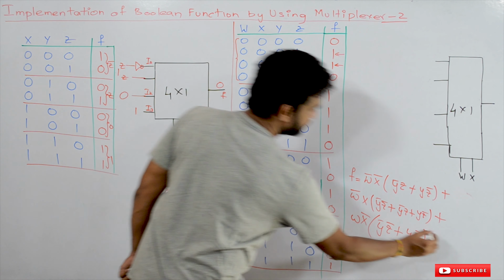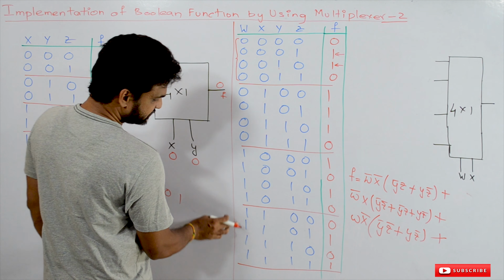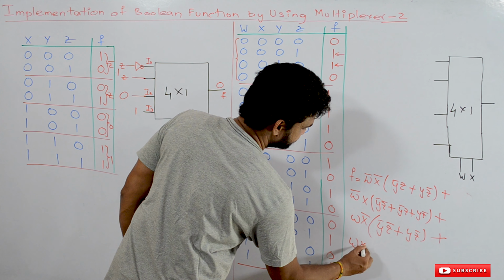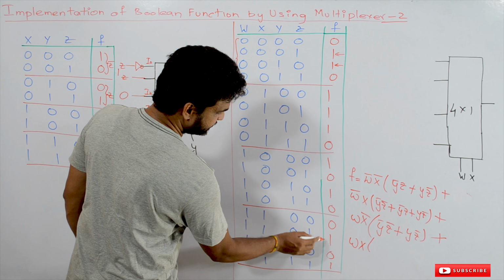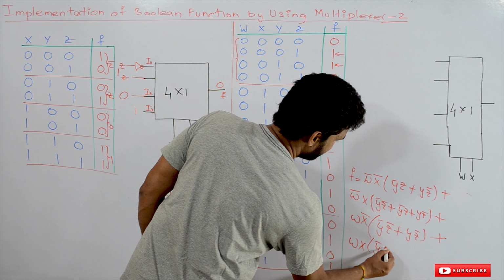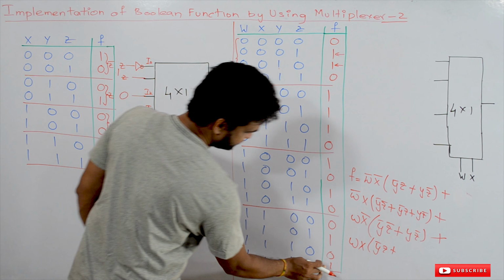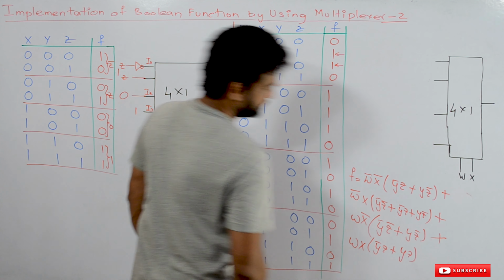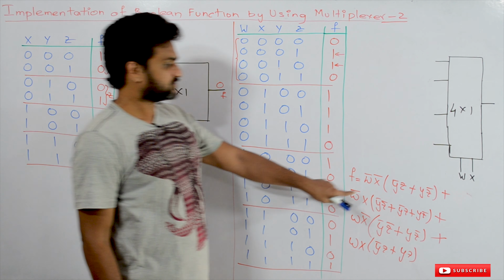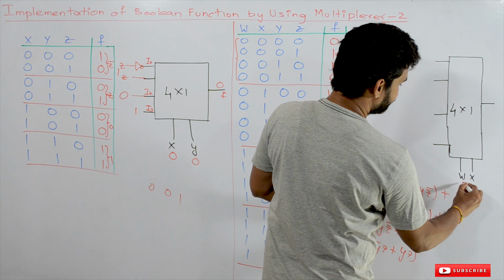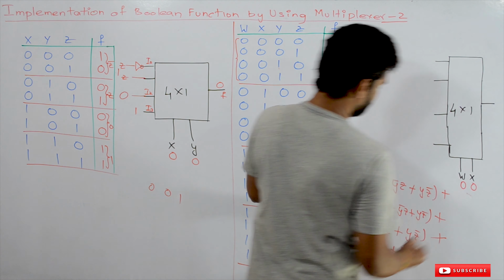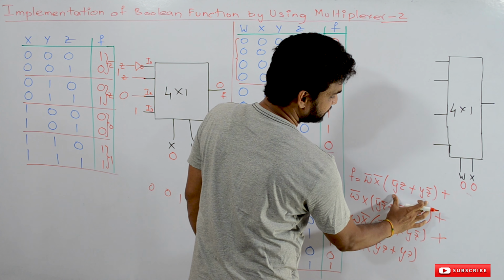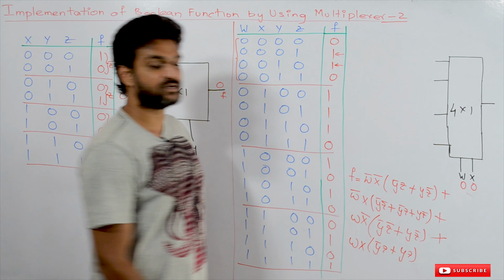Similarly, whenever we take WX as 1 1, it is Y bar Z plus YZ. Okay, so now whenever the value of WX is 0 0, this function has to be implemented. How has this function to be implemented?